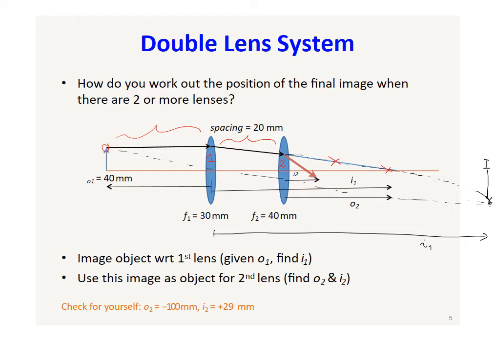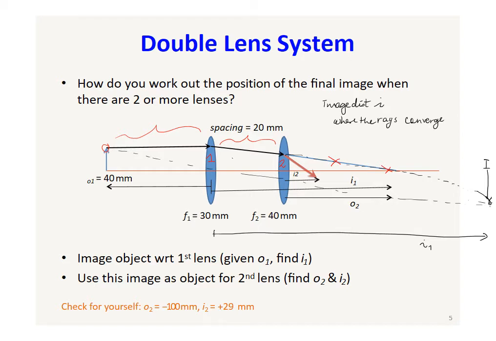The reason we do that is because you'll remember that an image distance I is essentially a shorthand for saying where the rays converge. So I is just a mathematical way of indicating where the rays are converging.